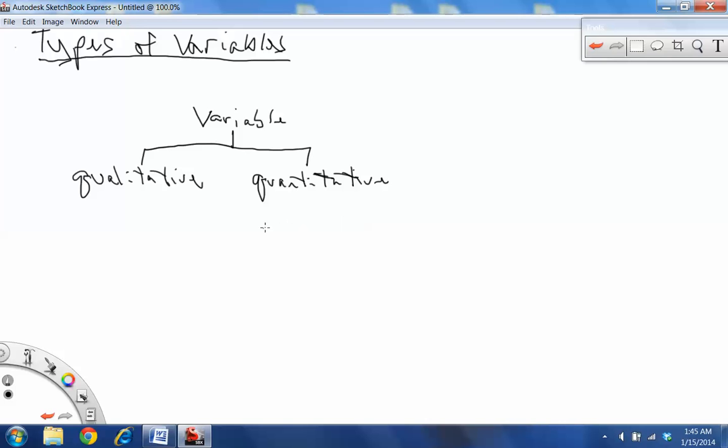length, and so on. So under quantitative, that gets broken down a little further into discrete or continuous. Now, we identified this because of measurement error.